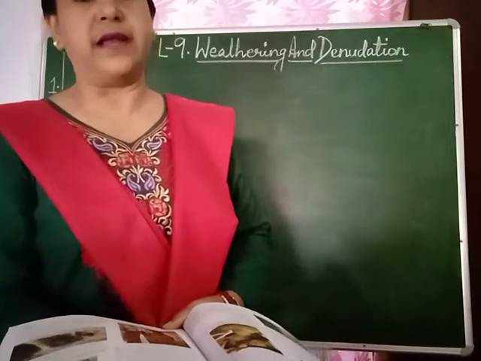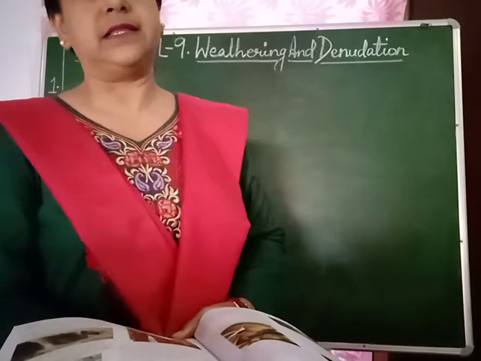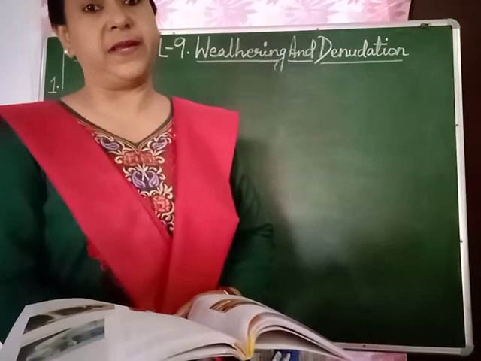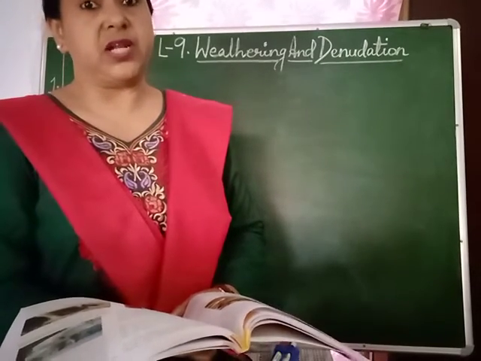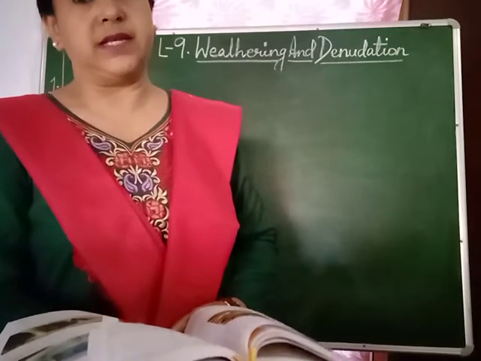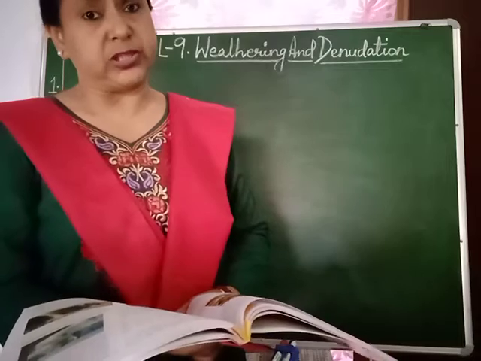Children, in figure 9.7, you can see the stalagmite and stalactite. These are formations which take place in the rocks in hilly regions, when water reacts with the chemical, calcium carbonate.